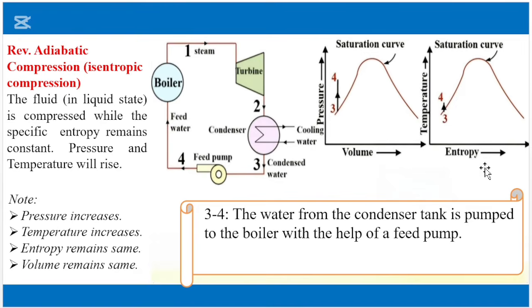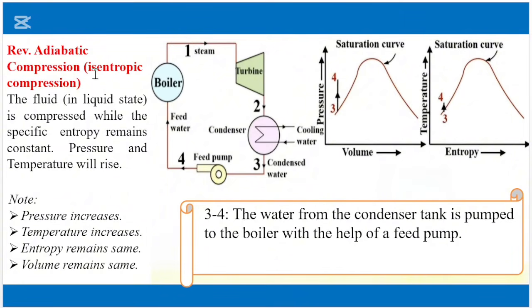Now let us look into the temperature-entropy diagram. The moment you apply the compression, the temperature should increase. More compression, more molecular collision, so the temperature should increase. Temperature is nothing but the average kinetic energy, so it should increase.